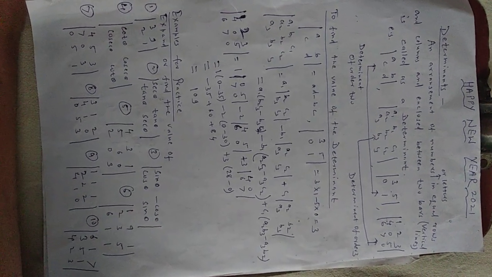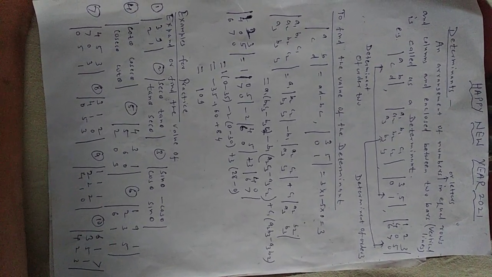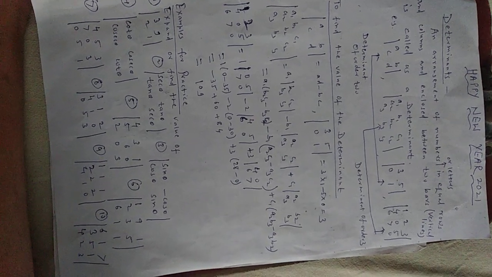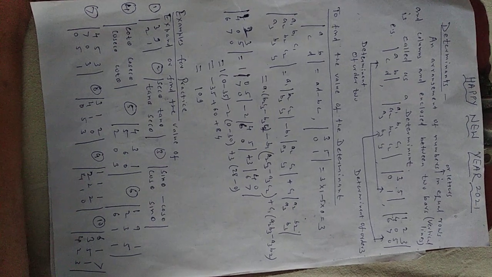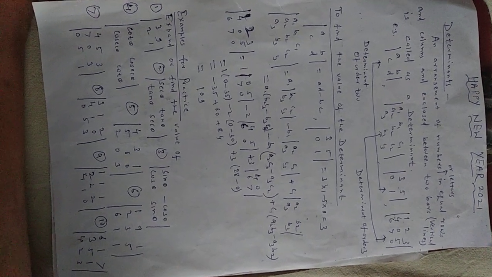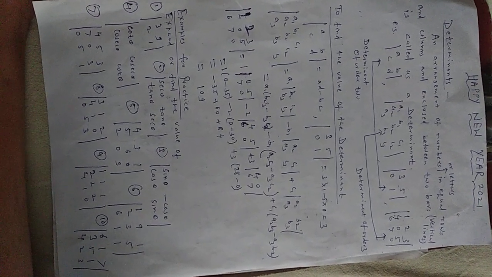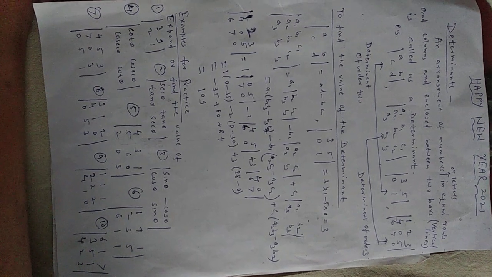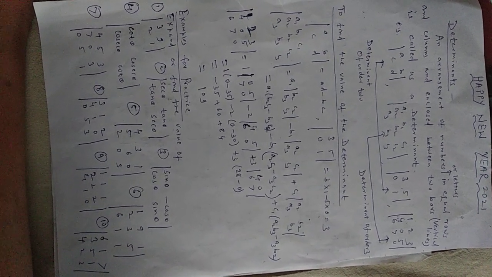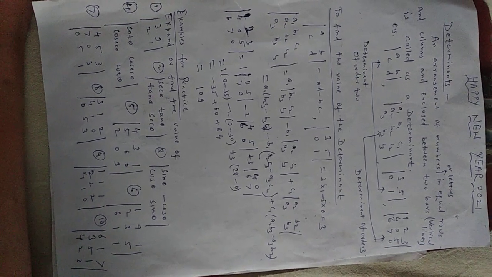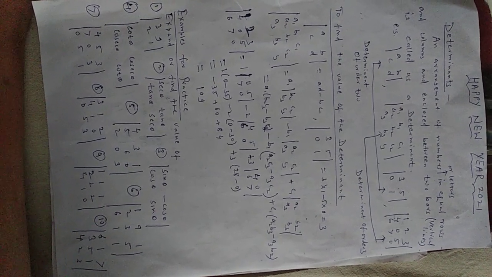So determinant, the definition is like this: an arrangement of numbers or letters in equal rows and columns and enclosed between two bars. Bars means vertical lines. It is called as a determinant. So the various examples of determinant are given.